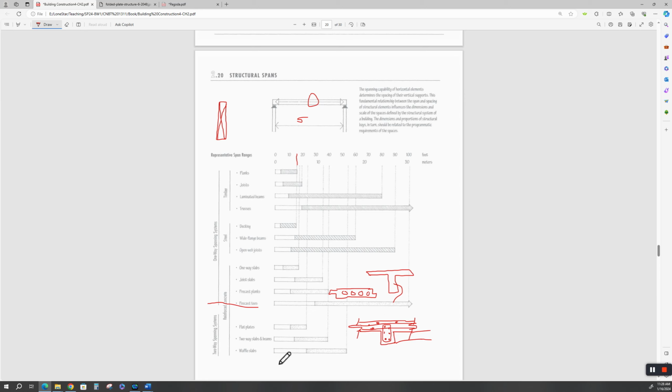Waffle slabs is just that. It's like a waffle that's flat on top, but underneath it's got little pockets cast in it. And what are you doing with those pockets? Look in here. This is your beam. Look, you got a two-way beam. It's just like a waffle.